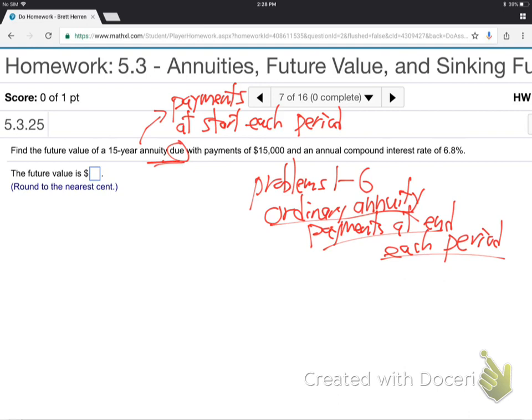Annuity due, if they say annuity due, I'm going to give you a different formula basically. With annuity due, you're making the payments at the start, so at the start of every month instead of the end of every month. It's a little bit different formula. It's not much different. It's not really a big deal.